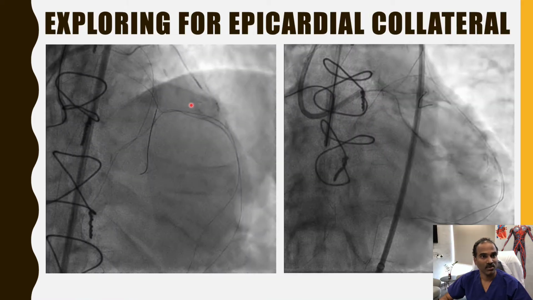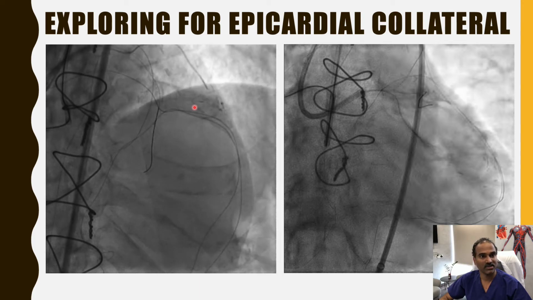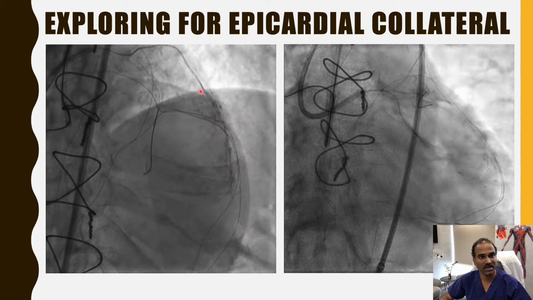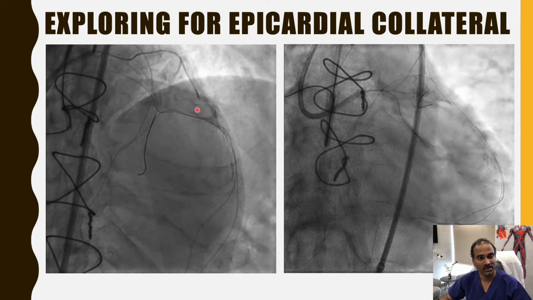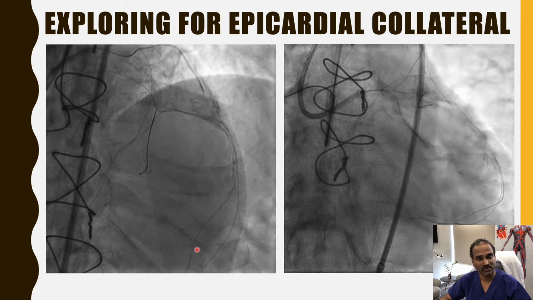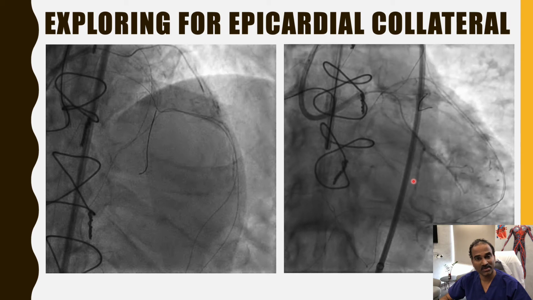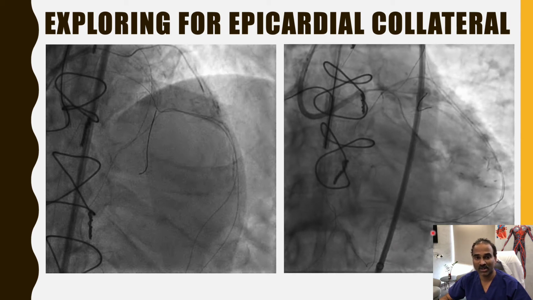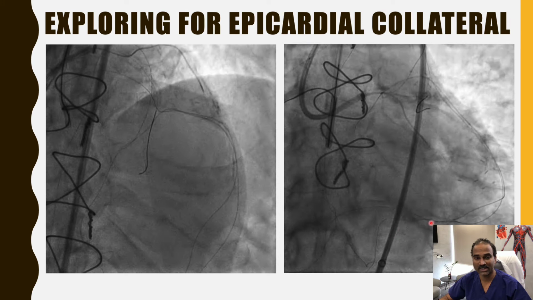As I was not successful in crossing the septal collateral, we went ahead and explored epicardial collaterals, one through the OM. Actually that was filling well from the venous bypass, not from antegrade injection, so I couldn't make out anything here. That's mainly because it is filling from the venous bypass. I looked for epicardial collaterals from the distal LCX.